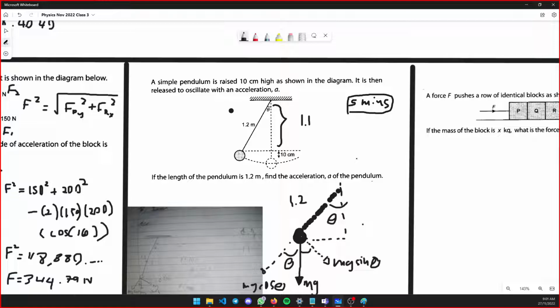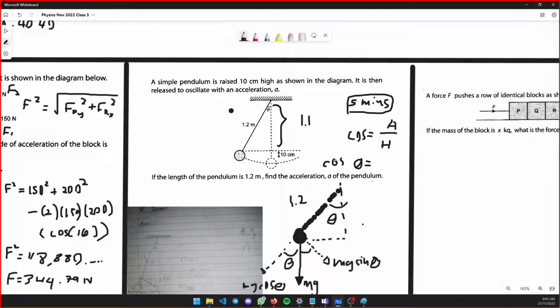What is this? Sin, cos or tan? Is this cos? Cos equals adjacent over hypotenuse. Can you guys quickly find this?